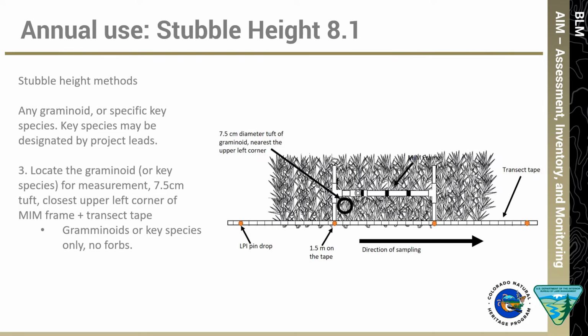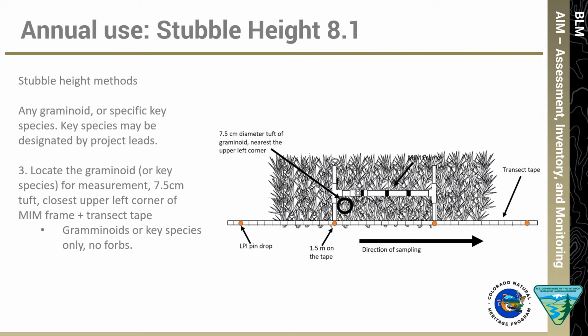Step 3 is to locate the graminoid, or key species for measurement, a 7.5 centimeter tuft, closest to the upper left corner of the quadrat formed by the MIM frame and the transect tape, and shown in this diagram with the black circle. In this protocol, the default is to measure stubble height on the closest graminoid vegetation within the measurement area.